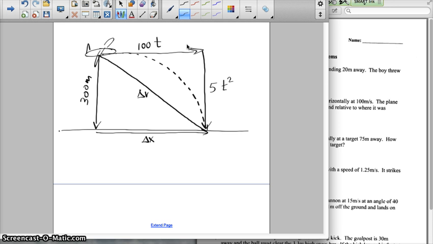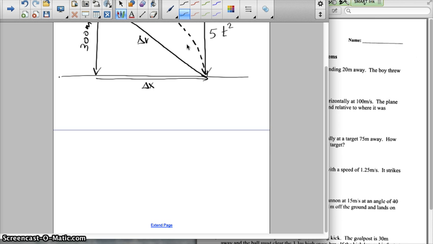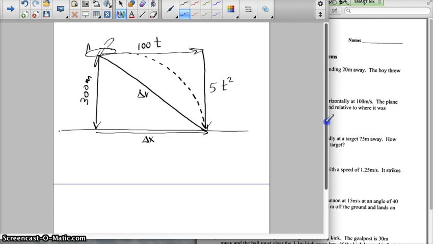Okay. Let's see what we can figure out. Looks like we could find t pretty easily, because 300 has to equal my 5 t squared, right? This side and this side have to be the same length.